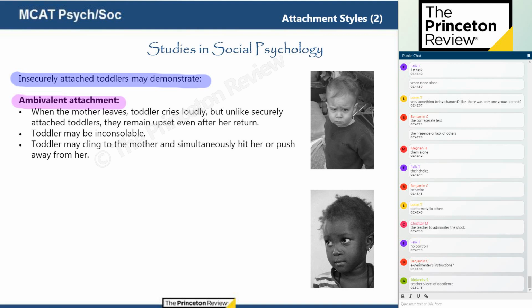Okay, so how this rolls is when mom leaves, baby cries loudly, but then remains upset when she returns. And it looks like the name comes from what looks like ambivalence on their part. They may be both clingy and seem happy, but also kind of angry and upset.